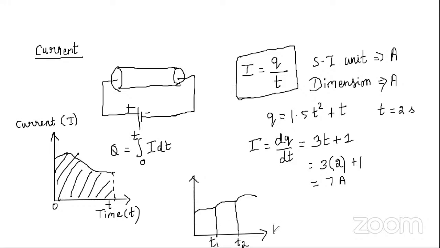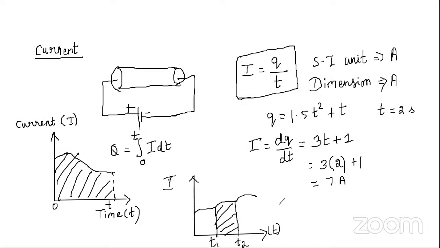Here you have time along the x-axis and current along the y-axis, and you have been asked to find out the charge flowing through the conductor between the time interval t1 and t2. Then you have to integrate the graph between these limits.